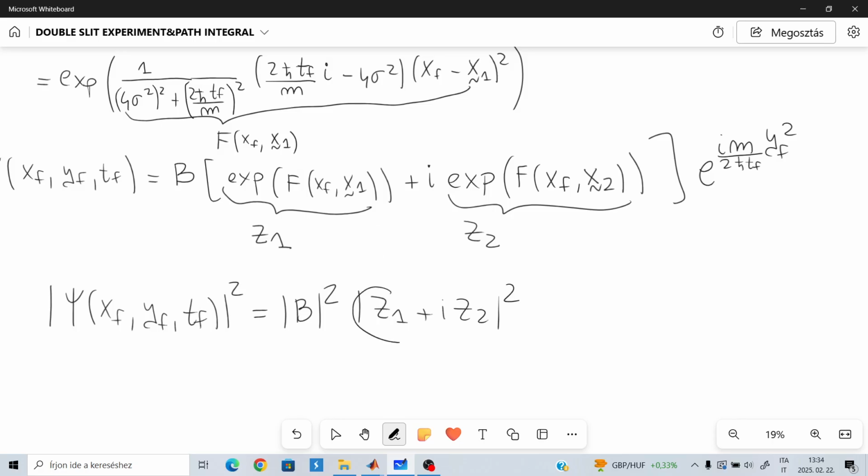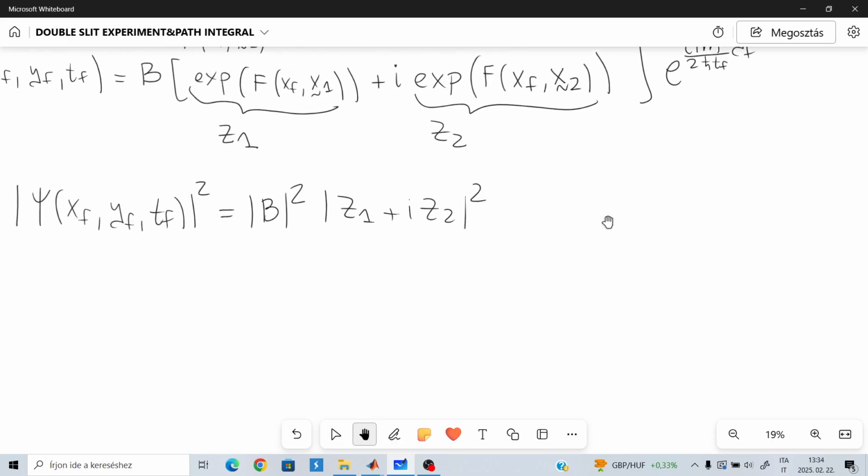So we need to remember how to take the mod squared of a sum of two complex numbers written like that. But that's quite simple. The mod squared of a sum of numbers like that is simply equal to the mod squared of the first number plus the mod squared of the second number, which is just the mod squared of z2, because the mod of I is just 1.